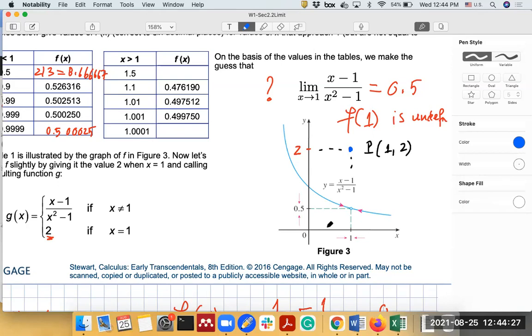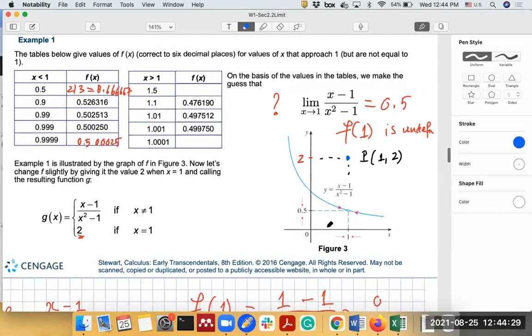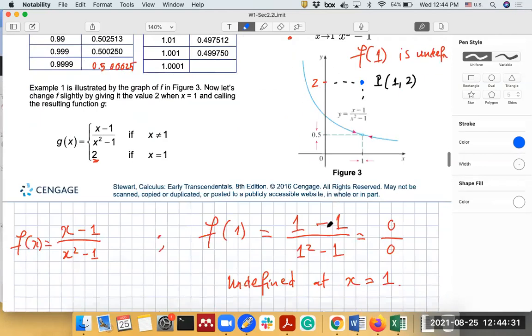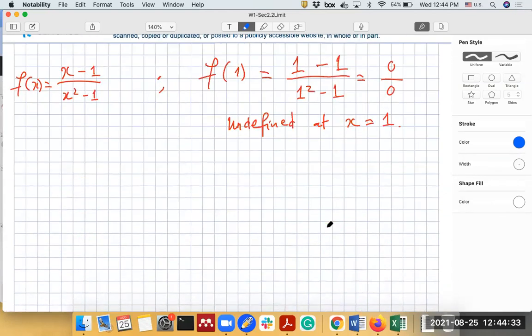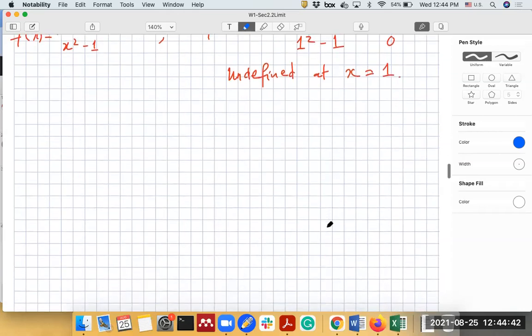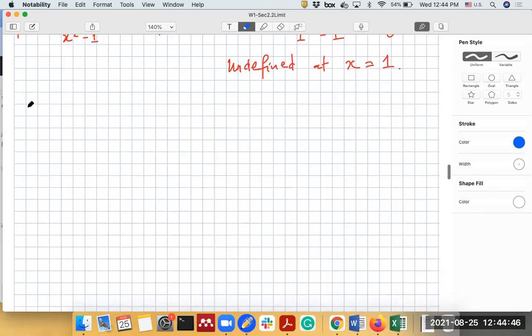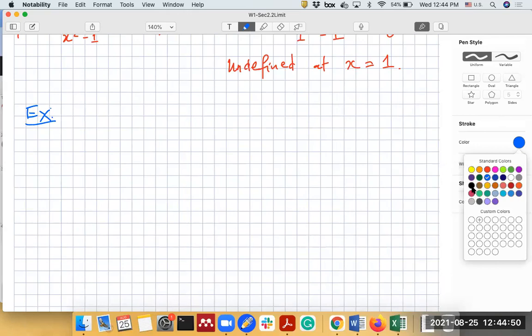Okay. We see that. Okay, let us move on to the next concept. Let's play with another example. Now, suppose we are given a formula. Another example.